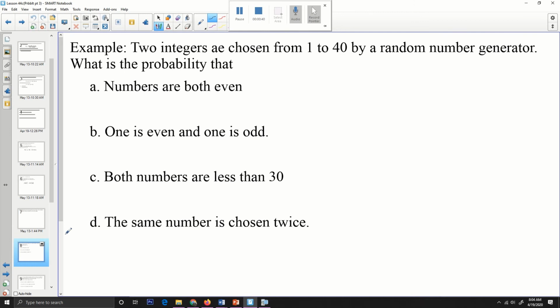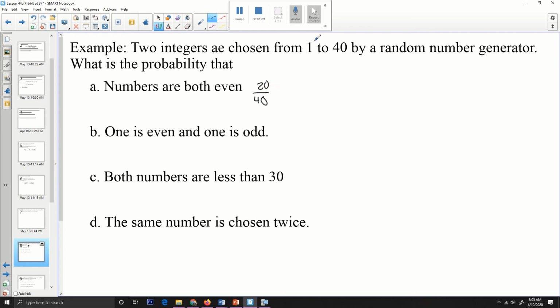The first example that I got today is: two integers are chosen from 1 to 40 by a random number generator. What is the probability that both are even? If I look at the numbers from 1 to 40, I'll notice that there are going to be 20 even numbers out of 40.